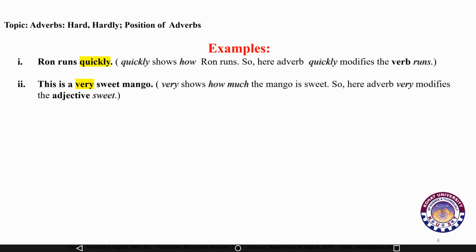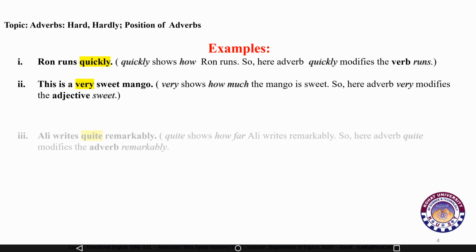And very is modifying what? Sweet. It's very sweet. So very is an adverb modifying an adjective, that is sweet. So this second example highlights that an adverb can also modify an adjective.